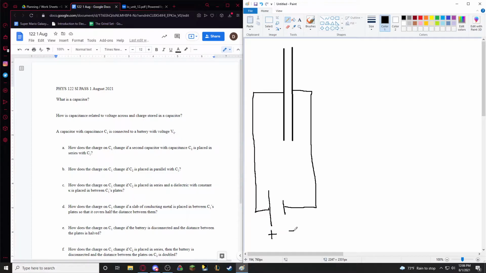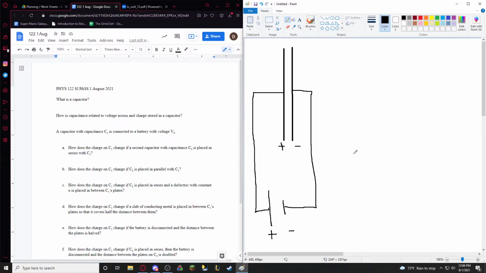For the battery. So what does that mean for the capacitor? That means the left of the capacitor should be gaining the positive charge. So shouldn't it be positive? And that would mean the right side is also positive. No, it's negative.